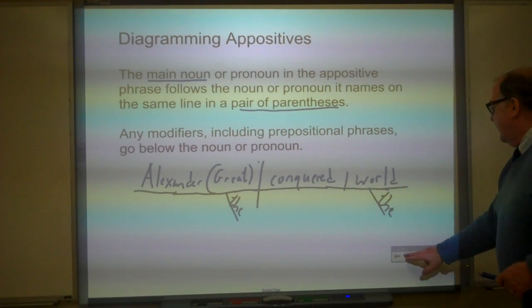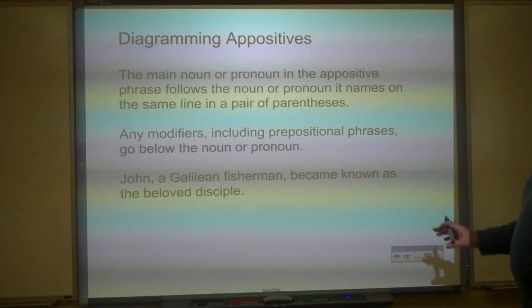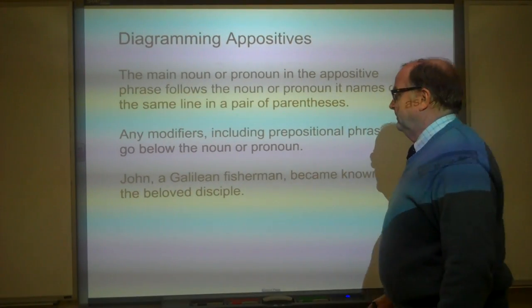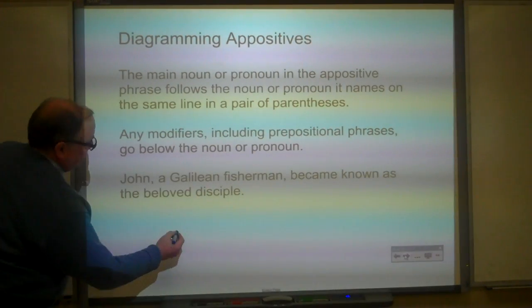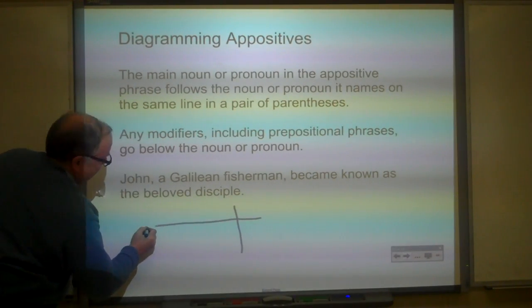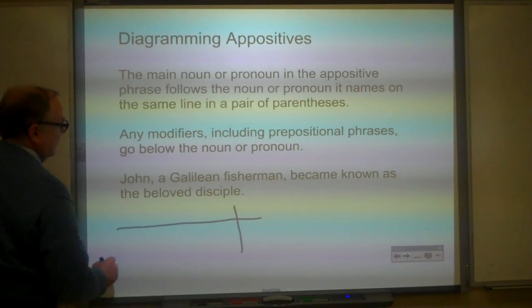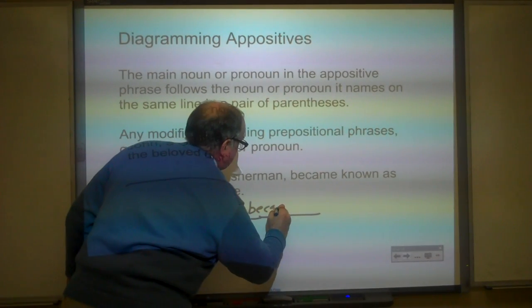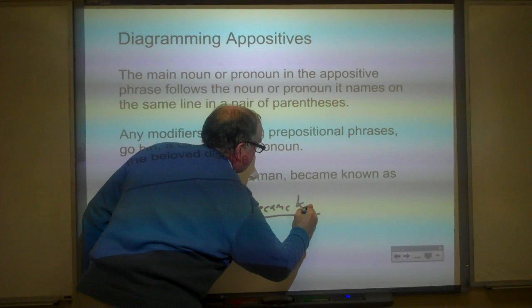Okay, let's take a look at a sentence. John, a Galilean fisherman, became known as the beloved disciple. I'm going to have to leave plenty of room for the appositive. The verb is became.